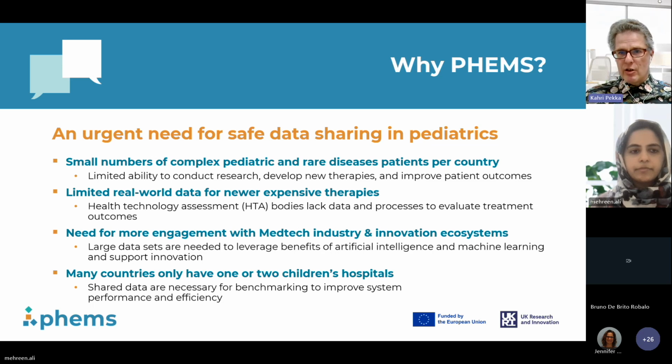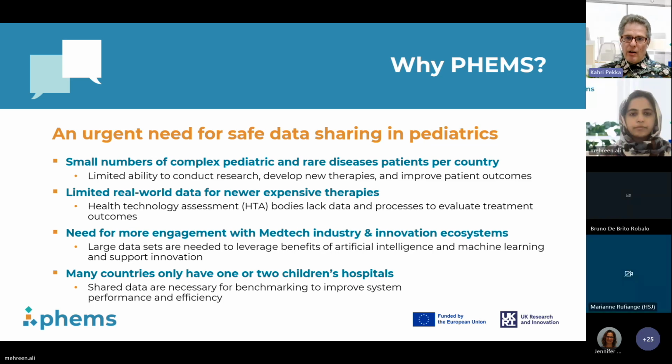Engagement with medtech industry and innovation ecosystems, especially in the field of artificial intelligence, model development and model validation, requires large amounts of data, which individual hospitals, even very big ones, often cannot provide sufficiently, so we need collaboration on those topics as well.